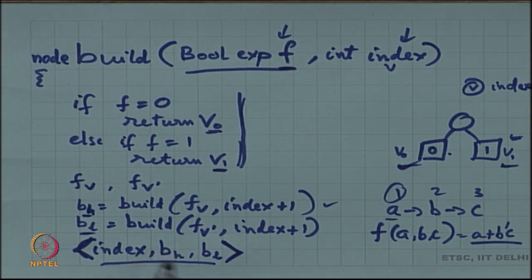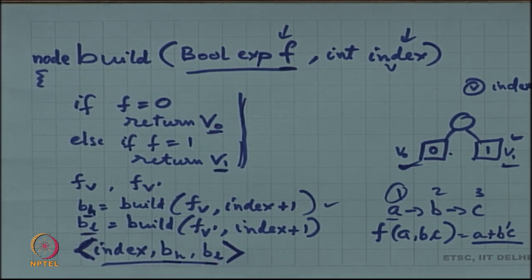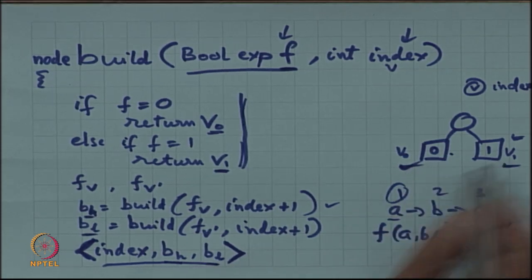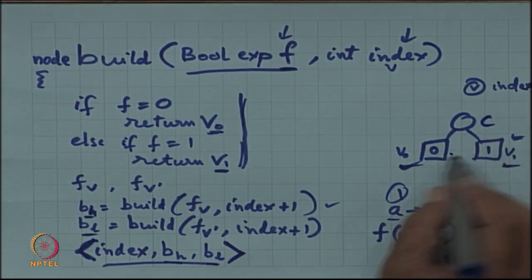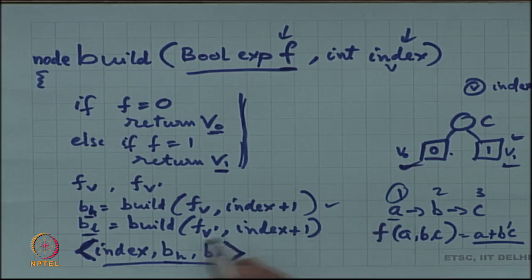So, we are looking for, is there an entry with index as the variable and BH and BL whatever they are. If it turns out that they are V0 and V1, it is fine. If this is C and this is V0 and V1, then we are essentially looking for C V0 V1, right. Otherwise, it is whatever it is.